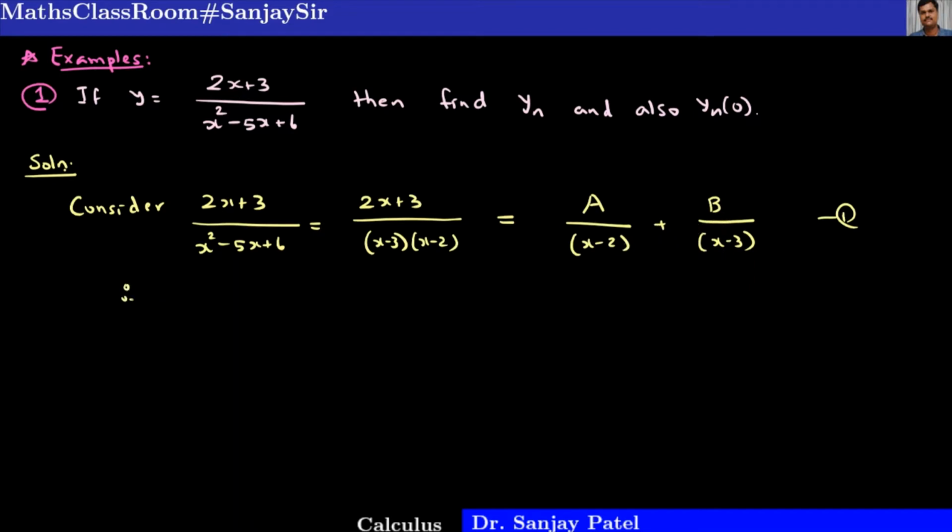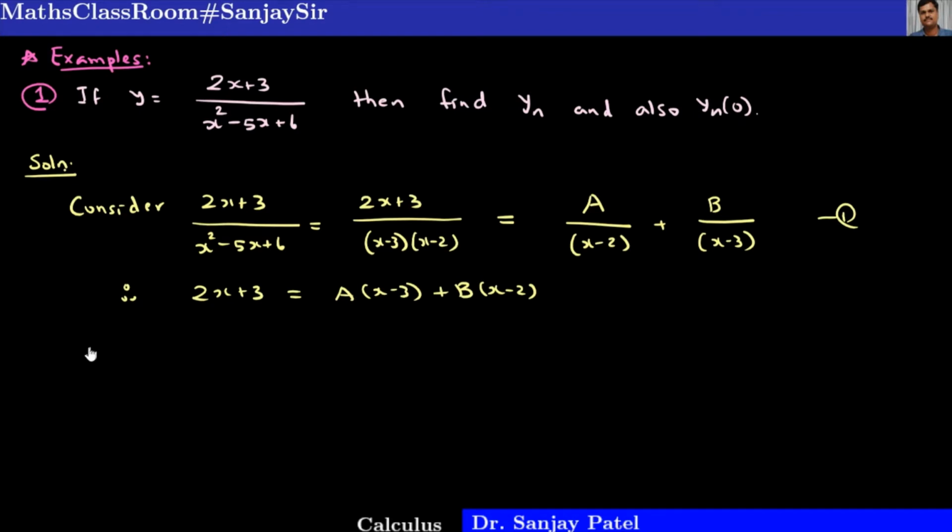So we can write 2x plus 3 as a into (x minus 3) plus b into (x minus 2). The technique is known to you from solving integration problems using the method of partial fractions. Now to find the values of these constants, as this is valid for all x belonging to R, you can take any value of x and find the unknowns a and b.